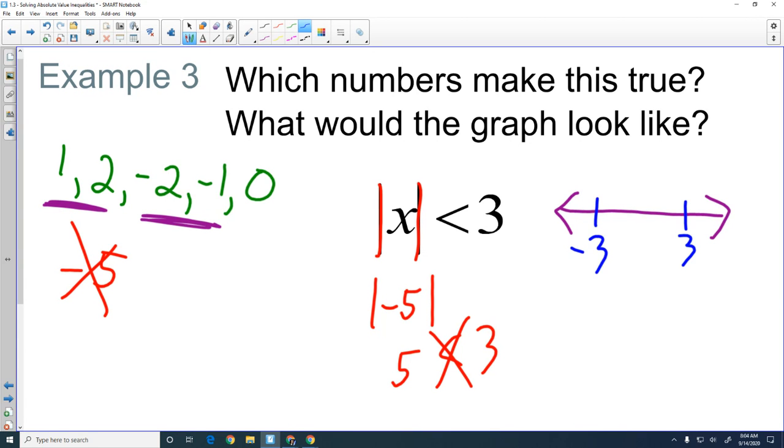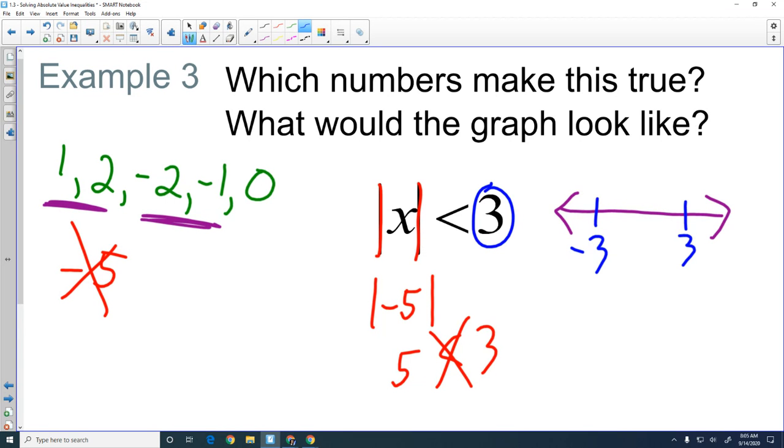So just like this one, it's just going to be the negative version of that number, -3. Because think, if I go just in front of that, -3, like -2.99, if I take the absolute value of that, I'd get +2.99, which is less than 3. So whatever this number is, you take the positive and the negative version of that, and those are our two endpoints.